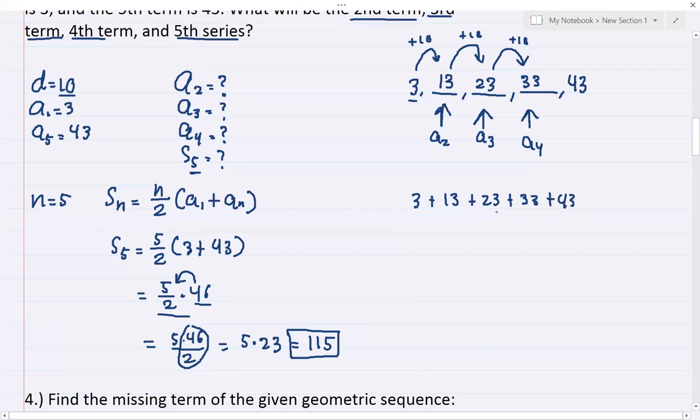You can use your calculator or just manually add them. The result is 115. So therefore, your answer is 115. That's it. Okay? So this is your S5 or the fifth partial sum.